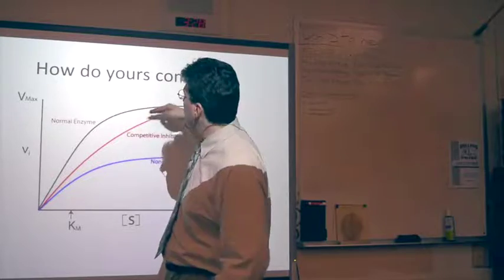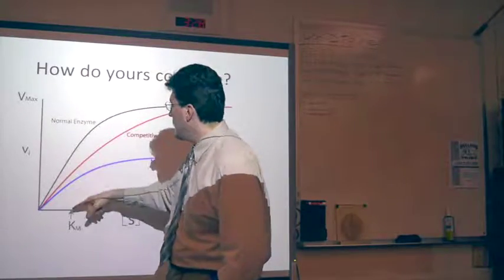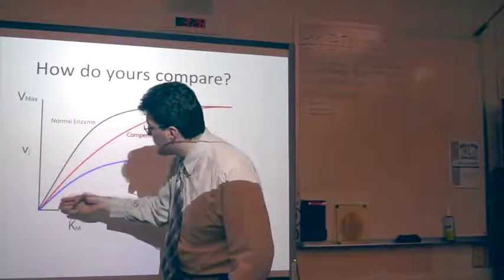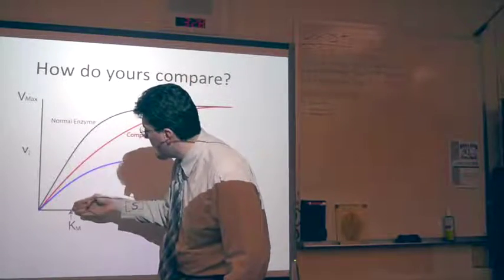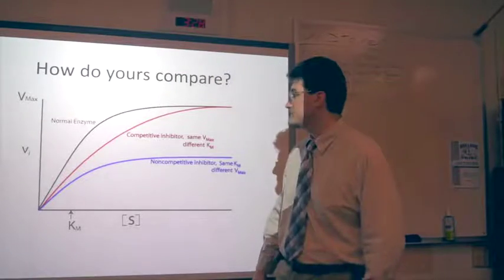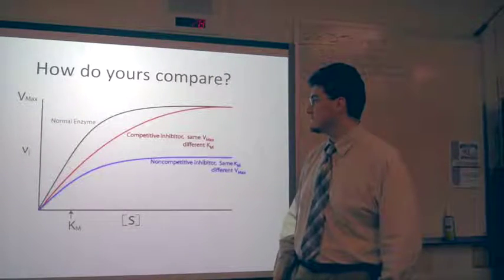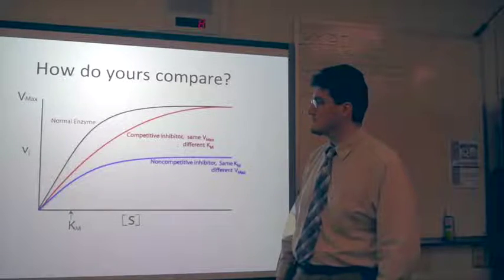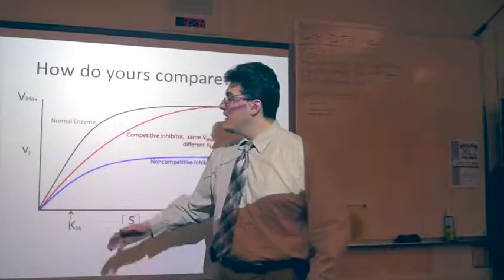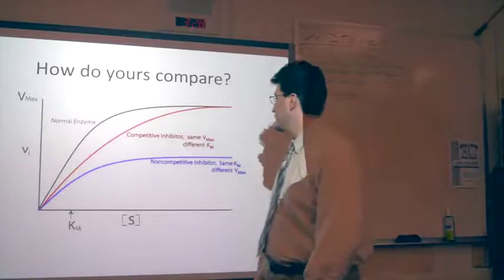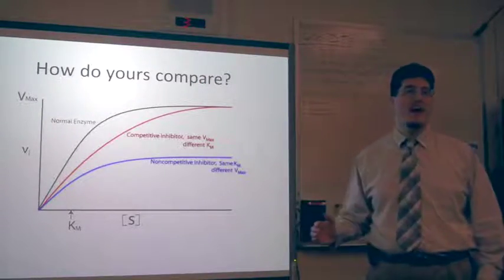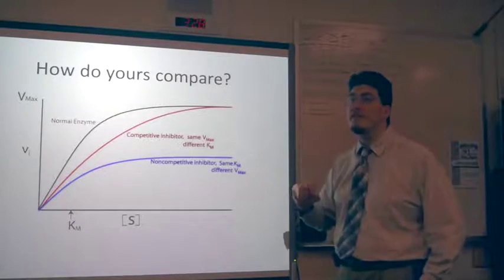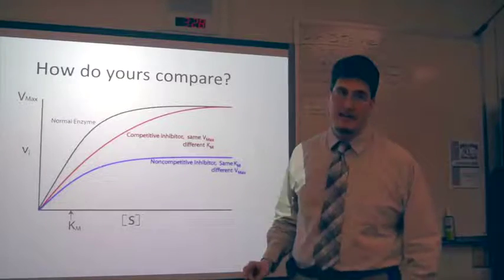Here is the Km for the black line, here is the Km for the red line. The Km is higher. It raises Km. Higher Km, lower enzyme affinity. For a competitive inhibitor, same Vmax.